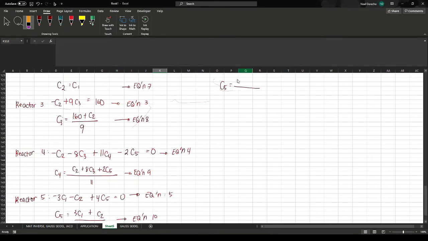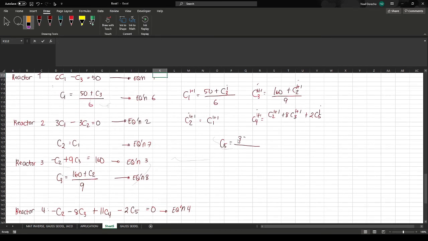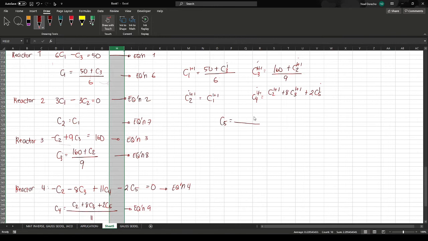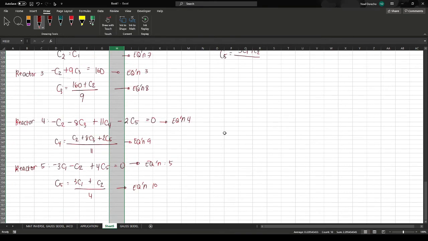That is 3 C1, so that should be 3 C1 plus C2 all over 4.